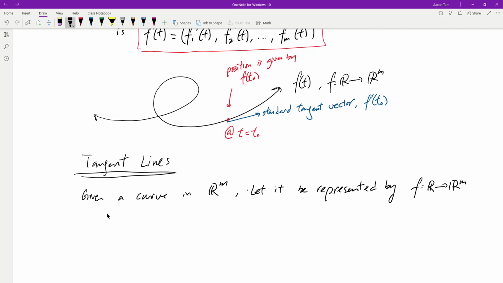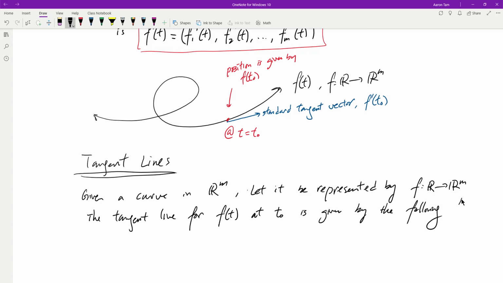We can now write the tangent line of this curve at a specific given t sub 0 value. The tangent line for f of t at a specific t sub 0 value is given by the following formula.